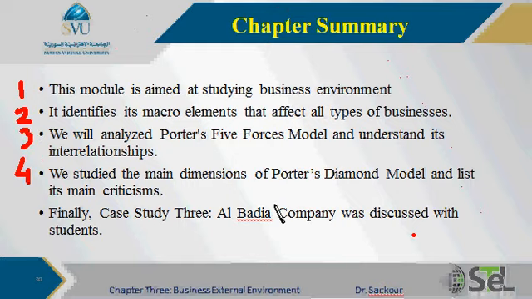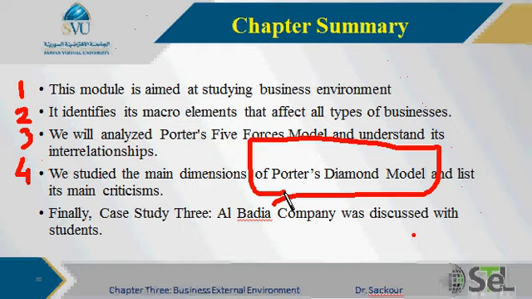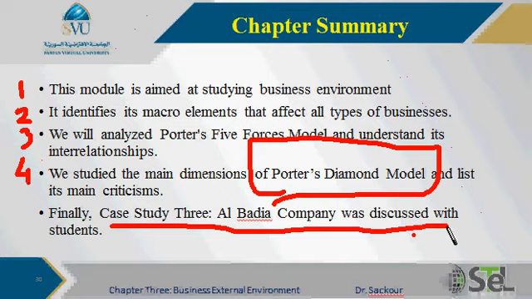We talked about the Porter Diamond at national level. Finally, we shed light on Al-Badia company, and we will be discussing this with you in our online session. And that's all for today.